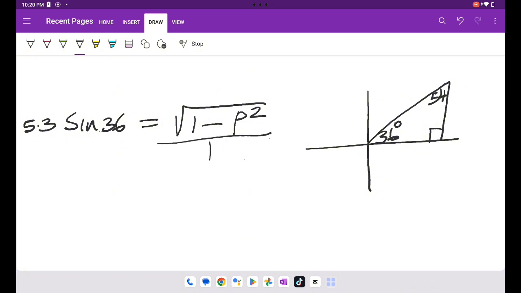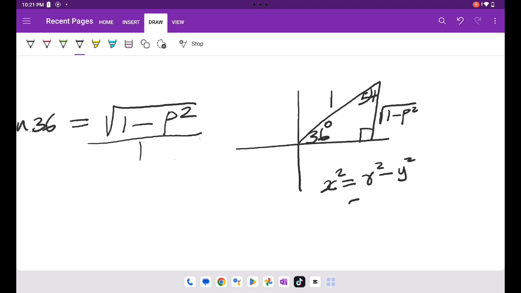The opposite of 36 is the square root of 1 minus p squared, and the hypotenuse is 1, and we use the Pythagoras theorem to get the x value here. We say x squared is r squared minus y squared, which is 1 minus the square root of 1 minus p squared, all squared.